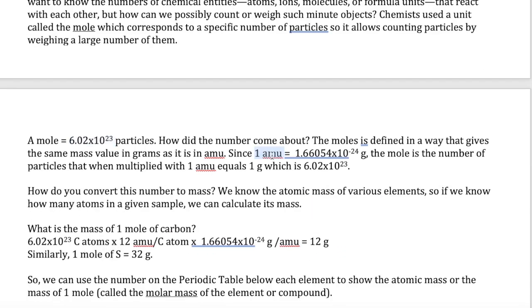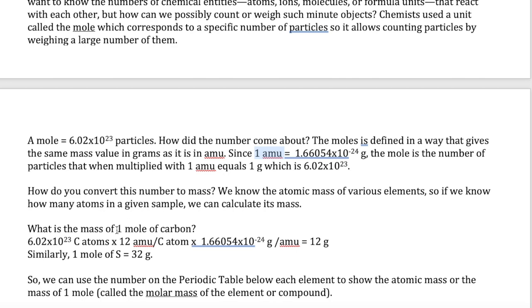So AMU, remember, is equal to approximately the mass of a proton. So 1 AMU is about this number, 1.66054 times 10 to the minus 24 grams. We want the mass of 1 mole of a particular atom to have exactly the same number value with a different unit. So let's take a look at carbon, for example.